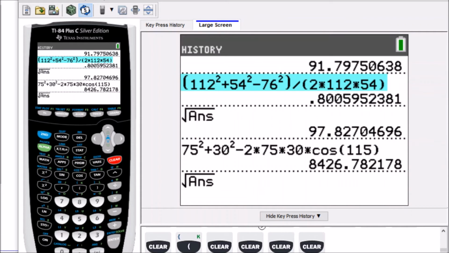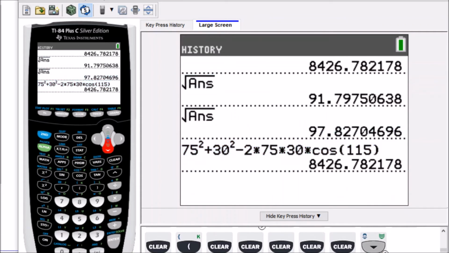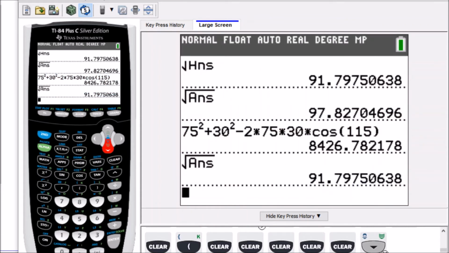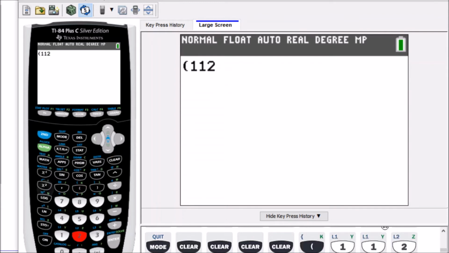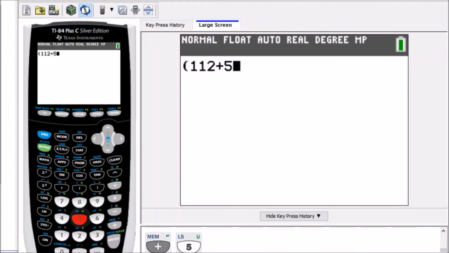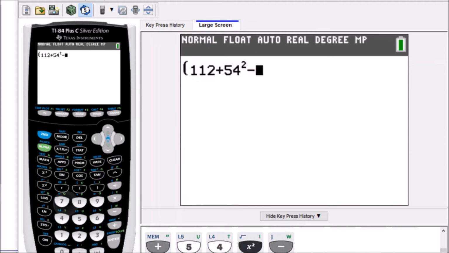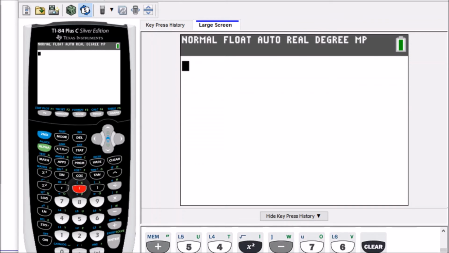Let me clear this. There we go. So what I'm going to do is I'm going to put my whole numerator in brackets.